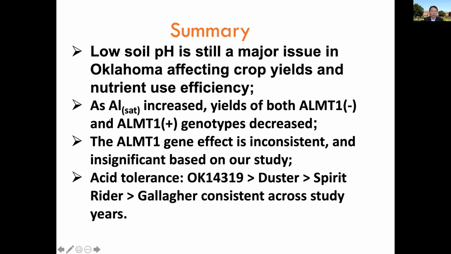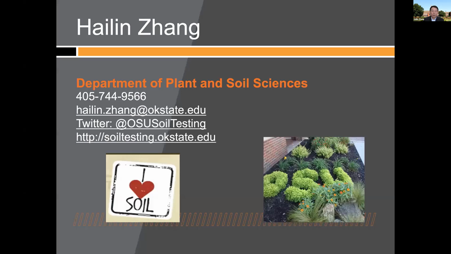So I guess that quickly highlights some of the information we recently obtained regarding winter wheat cultivars on acid tolerance. So I think I probably saved some time. We can maybe address some questions.